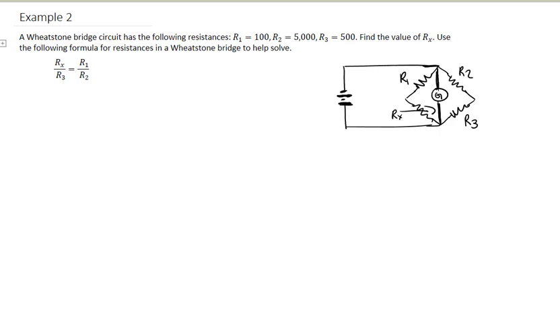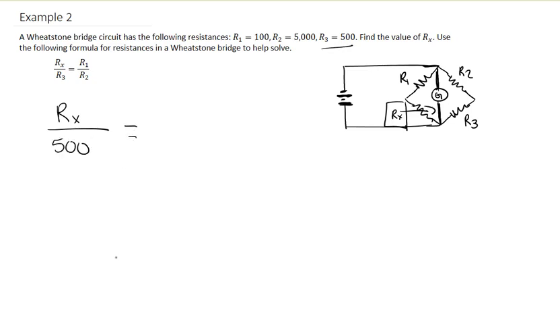So here's our Wheatstone bridge, and we're solving for this Rx, given the following three resistances. So let's go ahead and just fill in our numbers into our proportion. So we have Rx, which is unknown, over R3, which is 500, which is equal to R1 on the top, and then on the bottom we have 5,000.